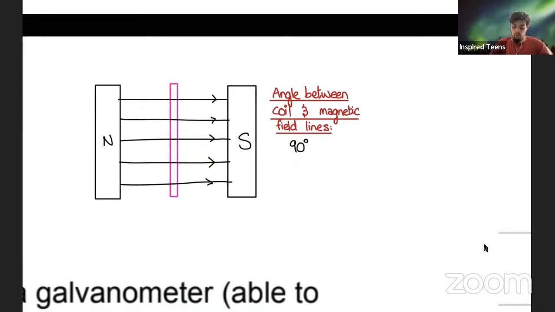The angle between the coil and the magnetic field line is 90 degrees. Yes, here the coil is upright, and the magnetic field line is there.